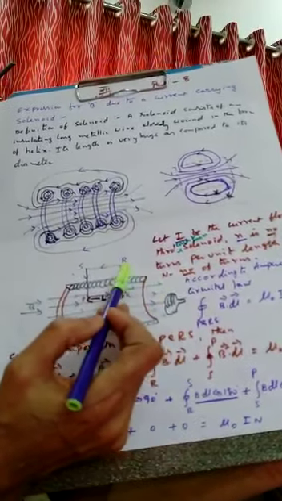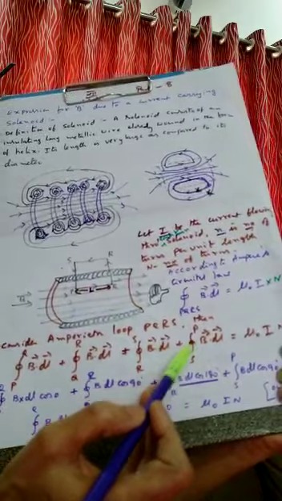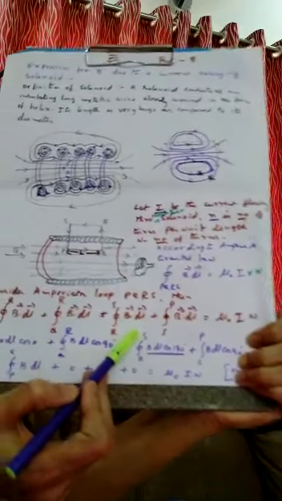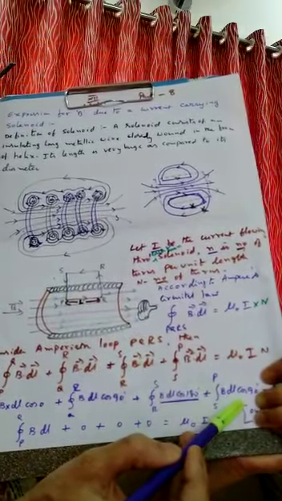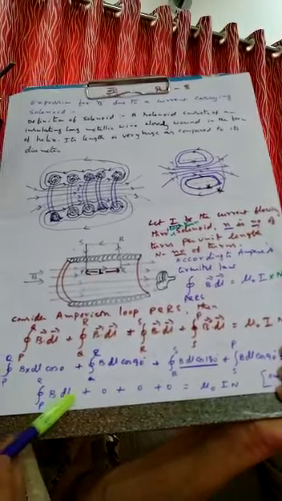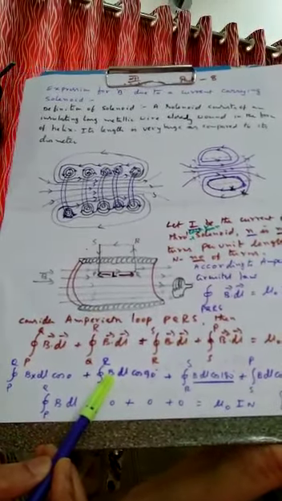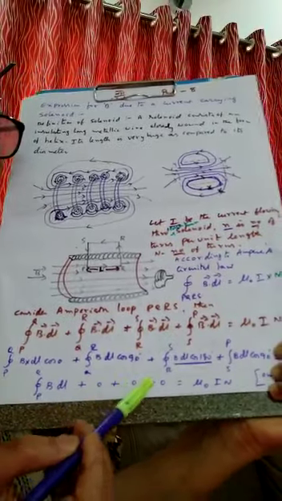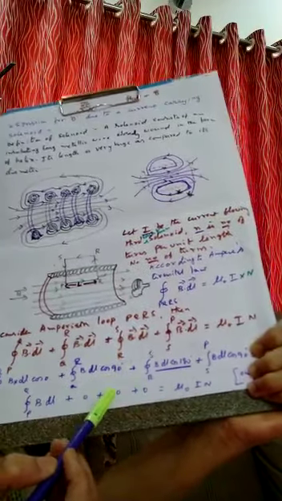What is the angle between R and S? 180 degrees. And between S and P? 90 degrees. Here I would like to discuss one thing. For P to Q, I will write integral B dl only. But in the second case I will write 0, because cos 90 is 0. In the third case also I will write 0.